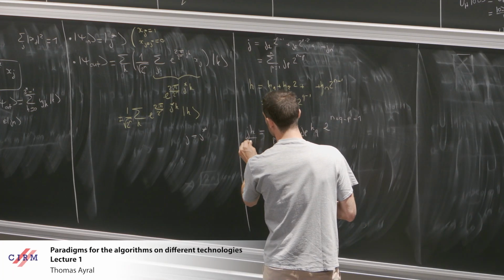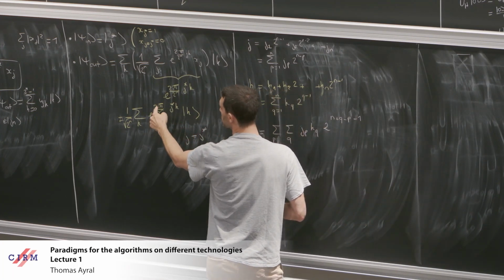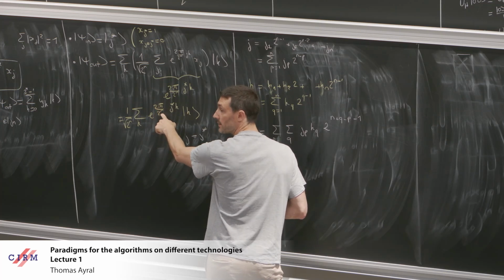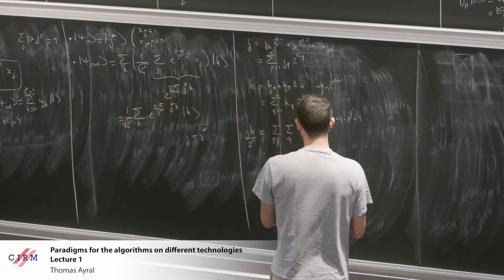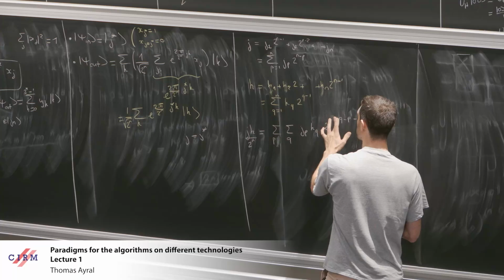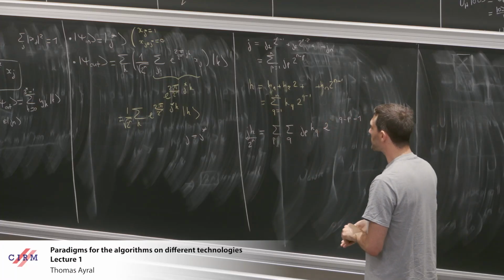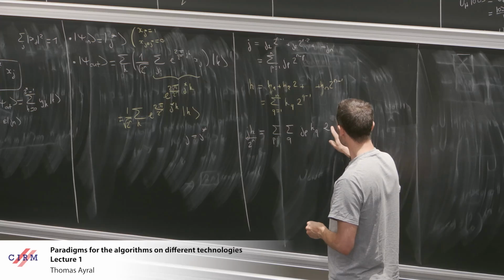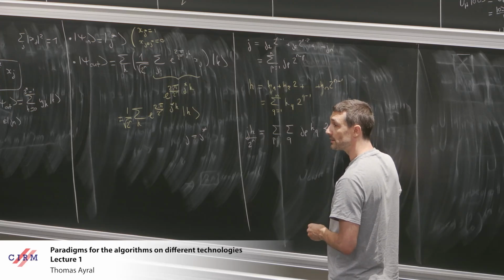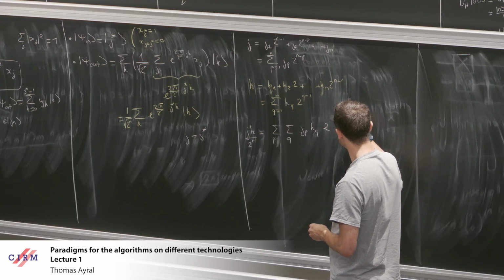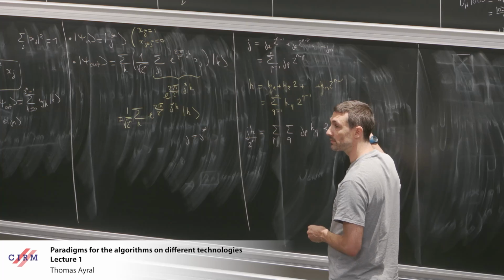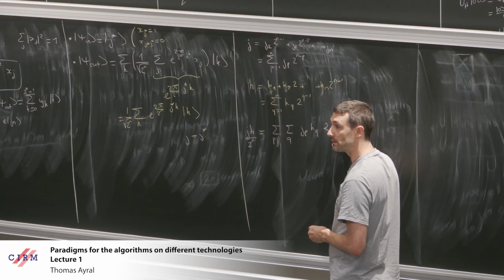Okay. And the reason why I want to do all this is also that I want to divide by 2 to the n, because you see here in my exponential, I have 2i pi and then divided by 2n, and that's the 2n that I put here. And the 2n is going to remove this n here, okay? And why do I want to do that is that if you look carefully at this power of 2, depending on whether the exponent is larger or smaller than 1, you're going to have an integer or not.